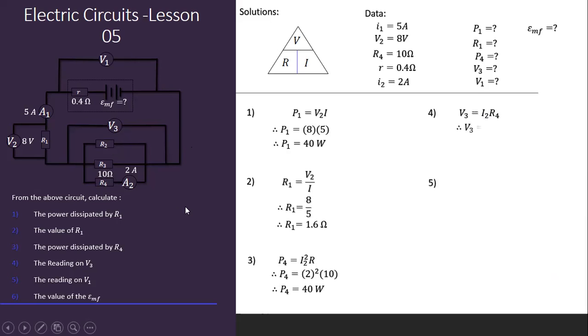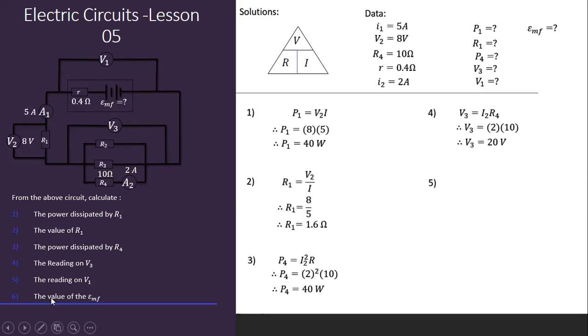And the current through R4 is 2 amps, and the resistance of R4 is 10 ohms. And then we get that the voltage which is read by V3 is 20 volts. So we have 20 volts here, we have 20 volts here, it's 20 volts because all of these are connected in parallel, right?